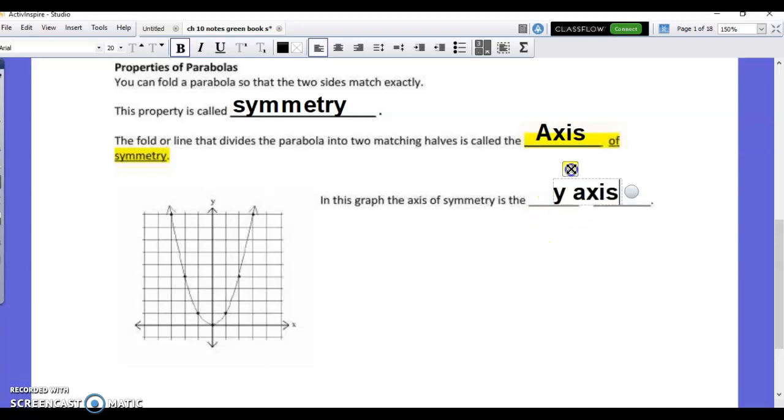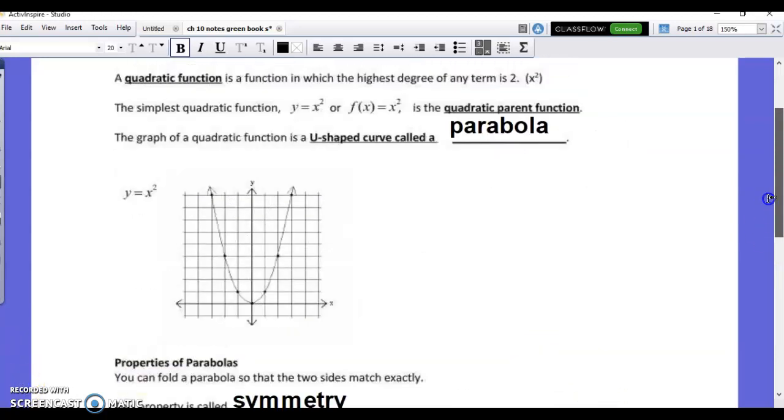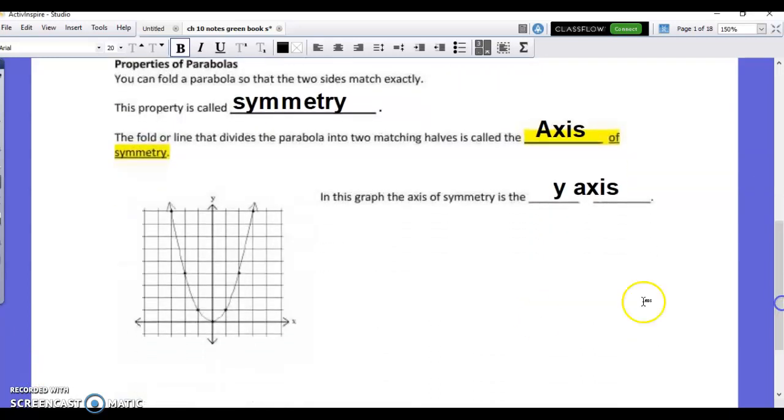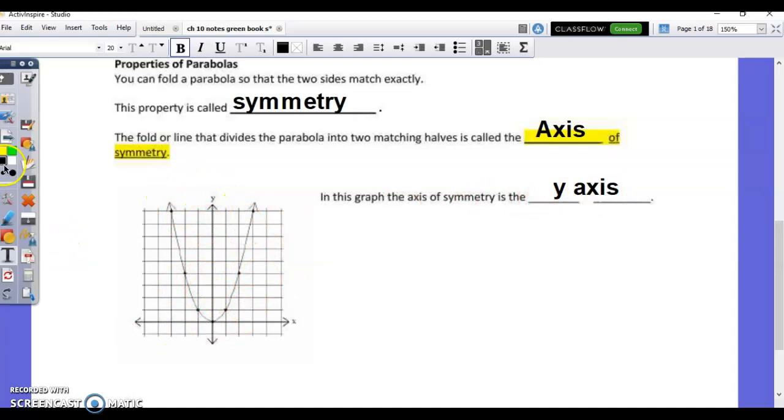It's not always going to be the y-axis, but in this case, it is right here. So if we had this printed out and folded across this half, it would line up right onto that half. Okay, so just a few terms: U-shaped graph, parabola, axis of symmetry, this line right here. And then, of course, in the parent function of y equals x squared, the y-axis is the axis of symmetry.